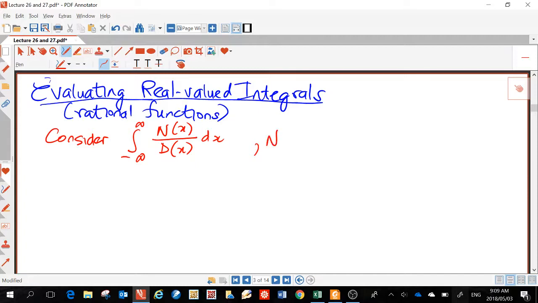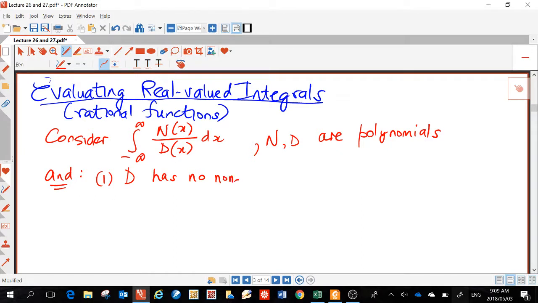Where n and d are polynomial functions. And one, d has no real roots.